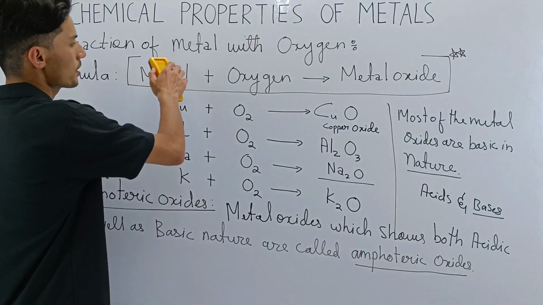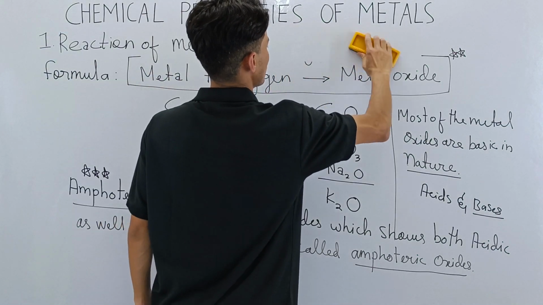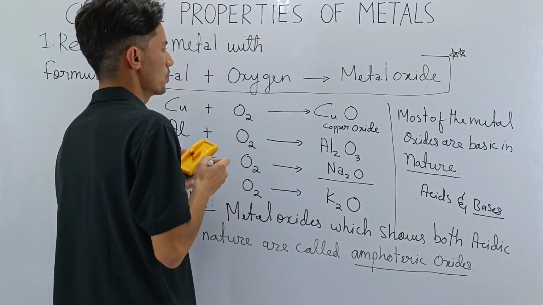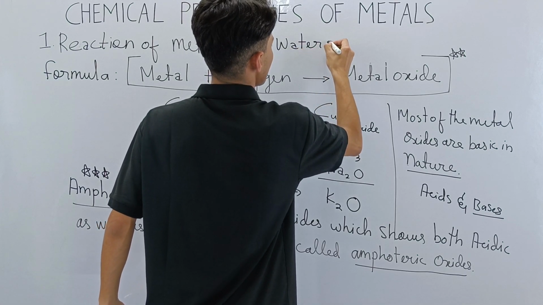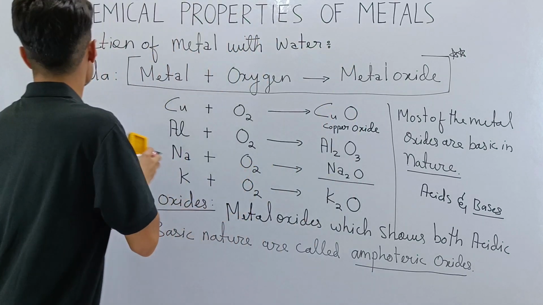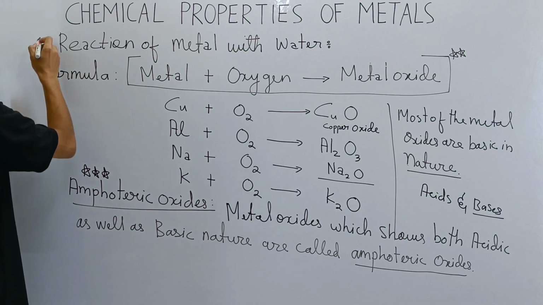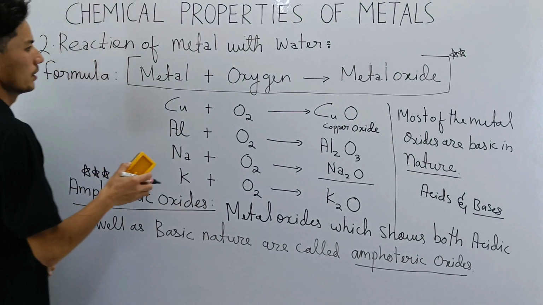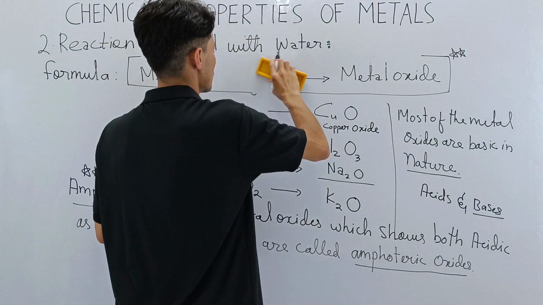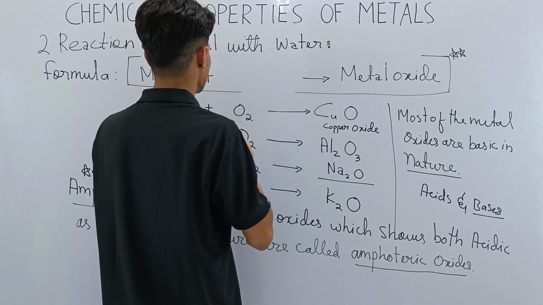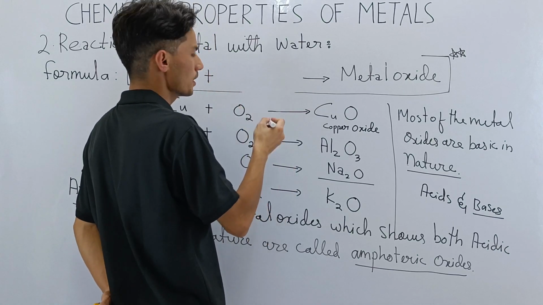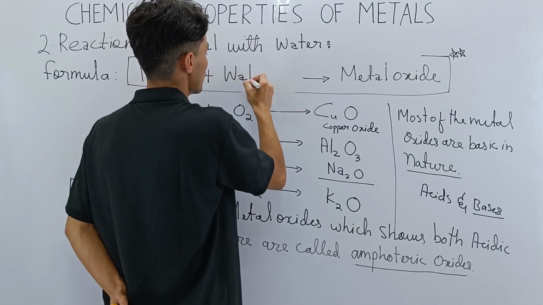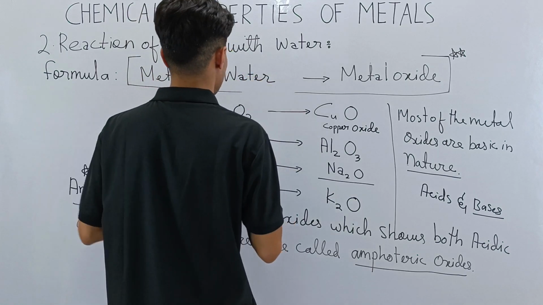Point number 2, reaction of metal with water. Now we'll do with water. This is our discussion. Point number 2. Metal plus oxygen is done. Metal plus water, so what do we get?